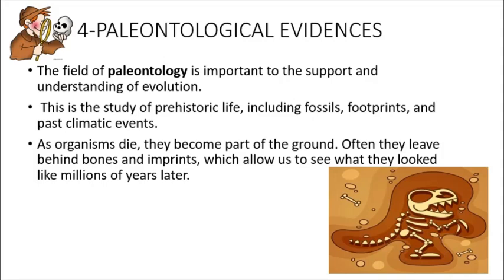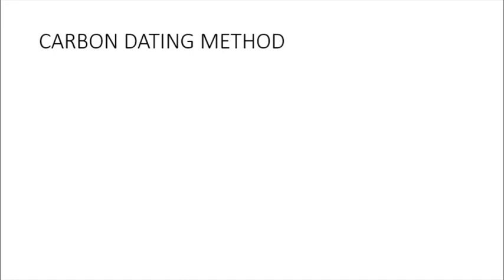Now children, how do we come to know the age of a particular fossil? To calculate this, we use the carbon dating method, in which we use two forms of carbon, carbon-14 and carbon-12. All living things contain carbon in some form.